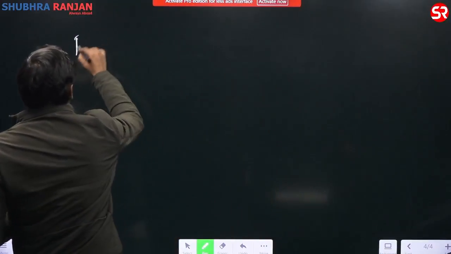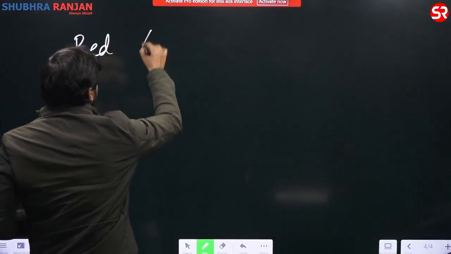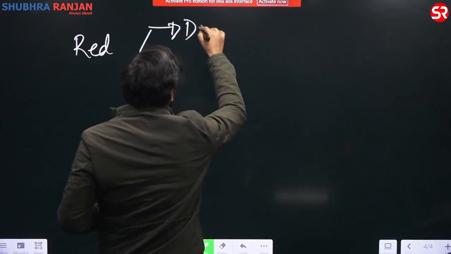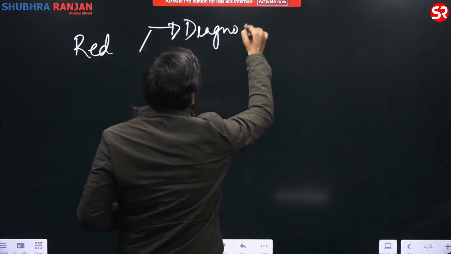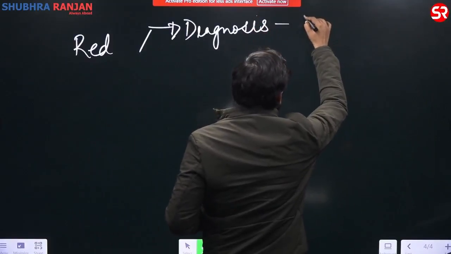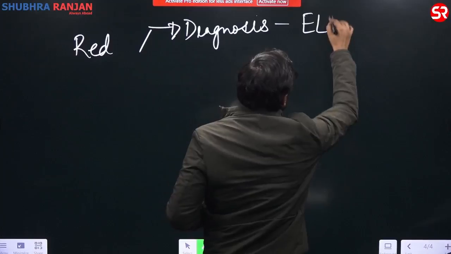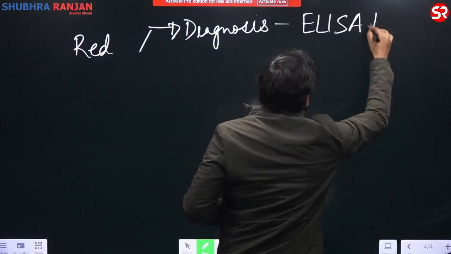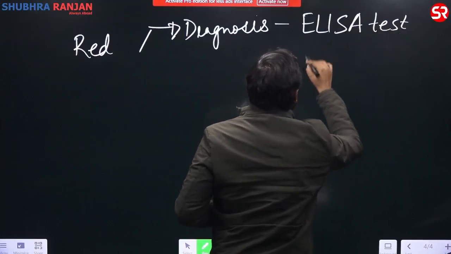So in red biotechnology, in the diagnosis, we now have molecular tests such as the ELISA test or PCR test.